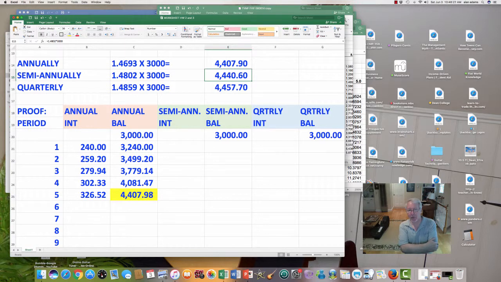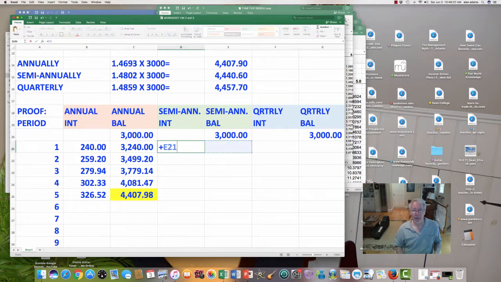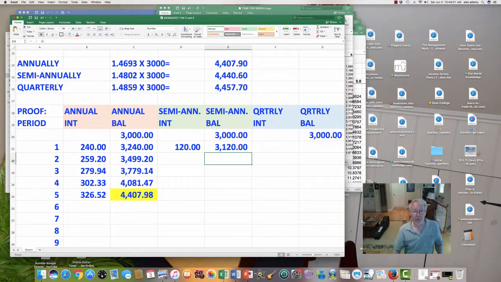Now, if I were to do semi-annual compounding, I would expect that my $3,000 after 10 semi-annual periods would equal $4,440 and change. Now watch this very carefully. I will do the same operation, but I'm going to take $3,000 and make sure you don't multiply it by 8%. No, multiply it by 8% divided by 2 semi-annual periods in a year. That's 4%, 0.04, so after 1 semi-annual period, 1 6-month period, my money has now grown to $3,120.